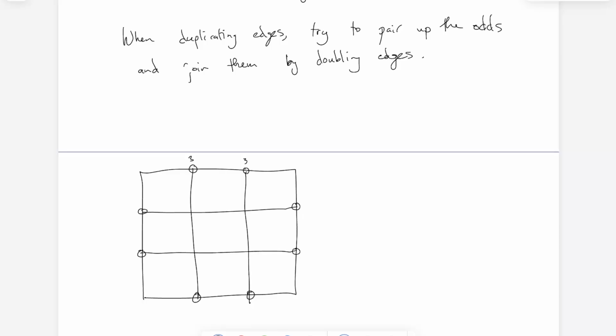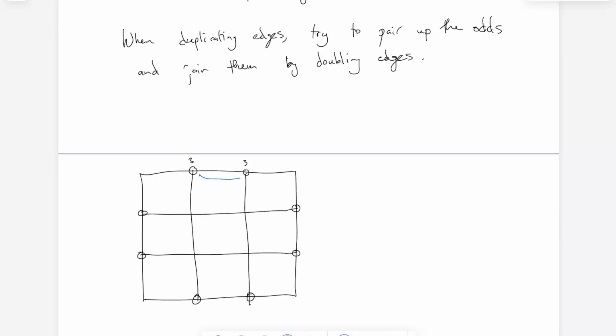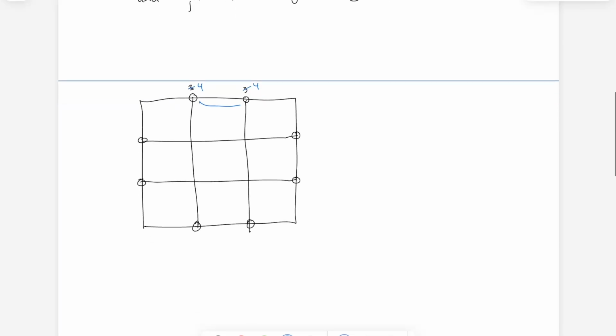So I'm going to think of these two at the top. They go together, and I'm just going to insert a doubled edge between them like that. All right, that makes each of them 4s now. And so those guys are all evened out. Ideally, we want them all to become even. And then I want to do a similar thing on the others. Again, I'm going to pair them up in the most natural way, which would be I put one there, I put one there, and I put one there.